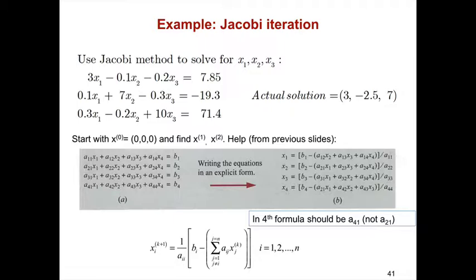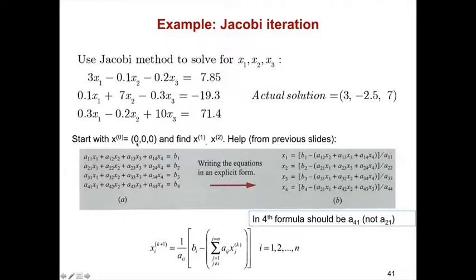So x0 is a vector, and it's 0, 0, 0. This is x1, 0, x2, 0, and this is x3, 0, as in first, second, third element of the vector.